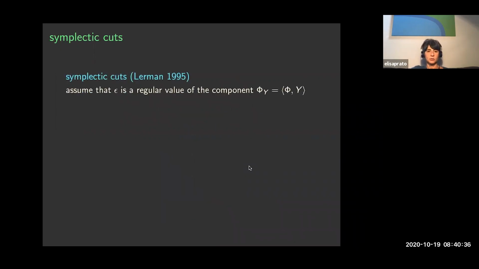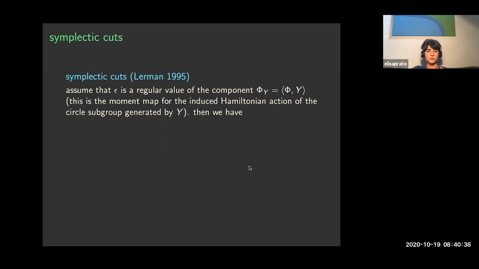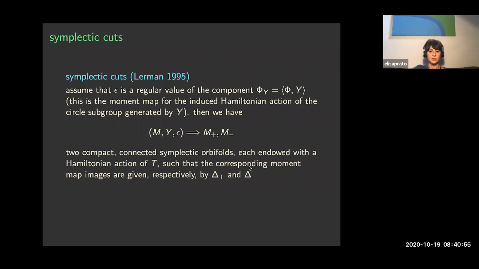And Eugene Lerman showed that this cut at the level of polytopes has a correspondence at the level of manifolds. So under a regularity assumption on the y component of the moment map, he constructed two compact symplectic orbifolds, each with an action of T, such that the corresponding moment mapping images are given by the two cuts that we have seen in the previous slide.